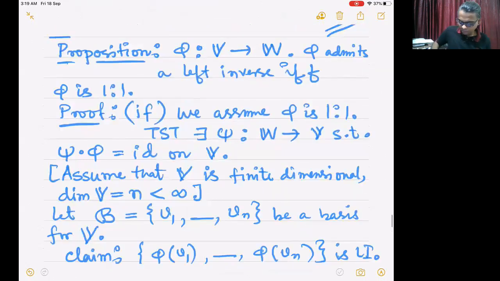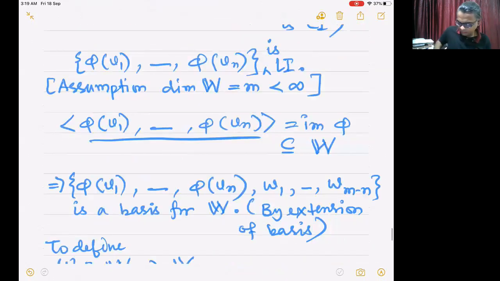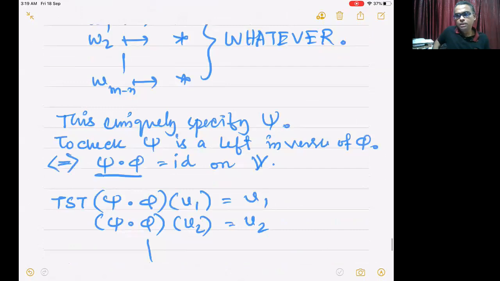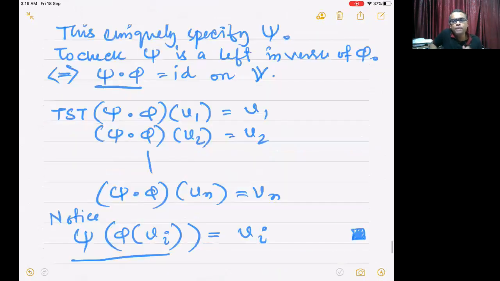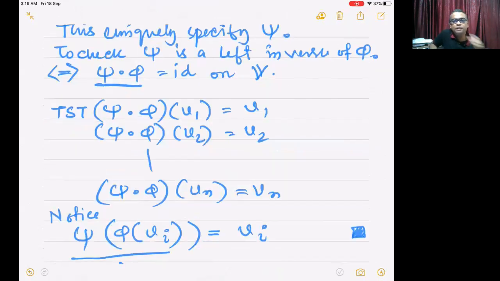Okay, now similar proposition. So as a corollary for matrices, what will it mean? For matrices, it will mean that if there is a full column rank matrix, it will admit a left inverse.